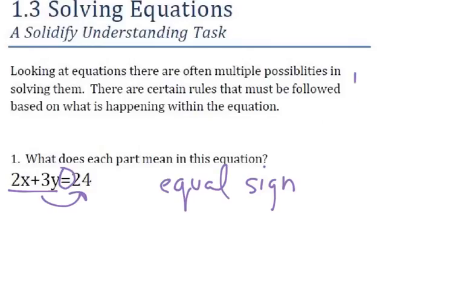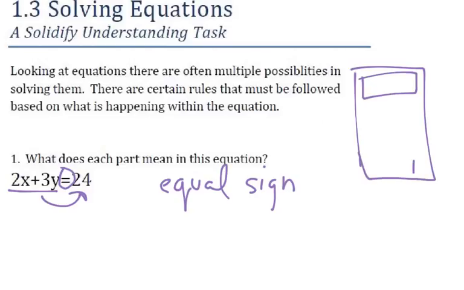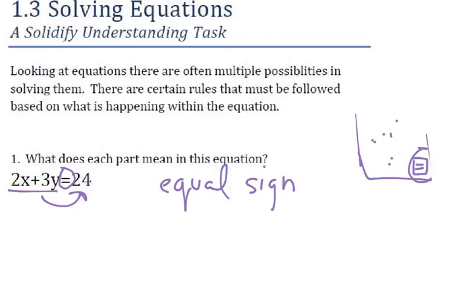Okay, and I know that probably the biggest thing that causes us to do that is calculators. A lot of calculators have an equal button, and when you type in stuff, so like 2 plus 3, you hit equals and it spits out your answer. Okay, and we've come to think of an equal sign as that's the answer, but that's not how it works with equations. Okay, and that's just not how the equal sign works.